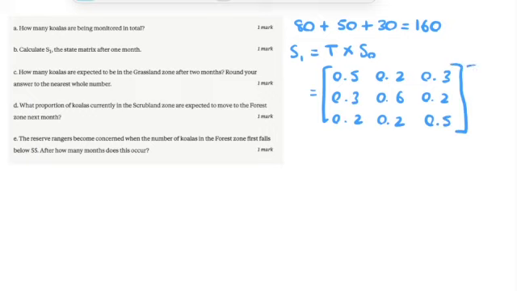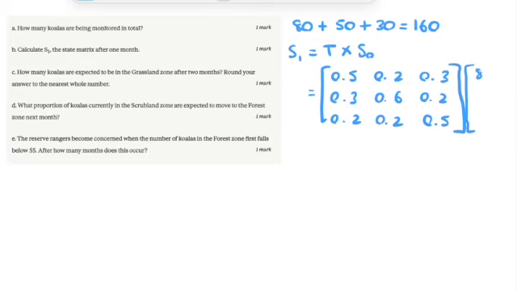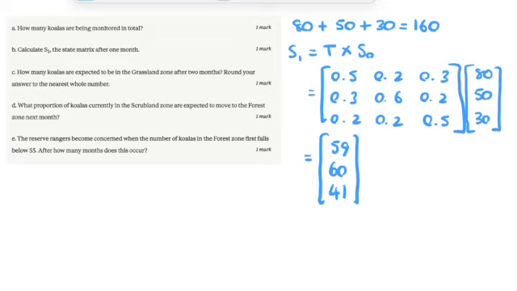We then multiply that by our S0 matrix, which was 80, 50, and 30. Putting that into our calculator, we end up with our S1 matrix, which is 59, 60, and 41. What that tells you is that we're expecting 59 in the forest, 60 in the grassland, and 41 in the scrubland.